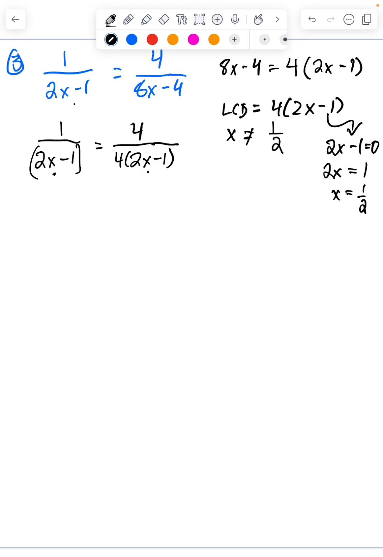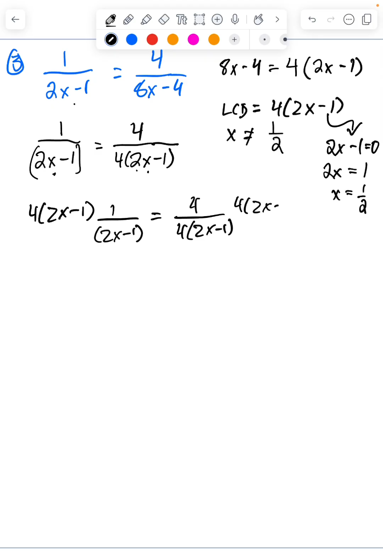So let's keep going. This has all the factors, so I don't have to do anything. All I have to do is multiply everything now by the LCD. So I'm going to do 4 times 2x minus 1 times 1 over 2x minus 1 equals 4 over 4 times 2x minus 1 times 4 times 2x minus 1.